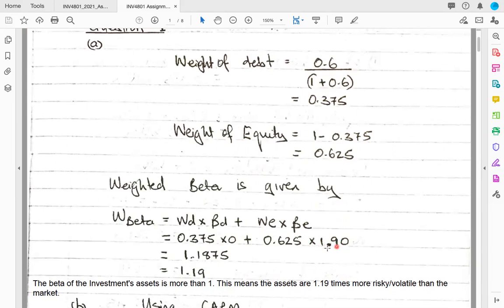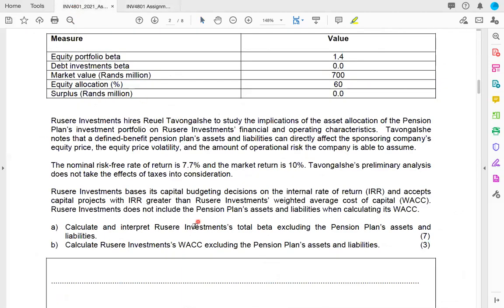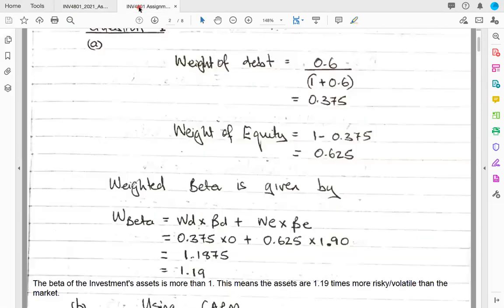Okay, if we just consider equity, it's 1.9, but if we calculate the weighted beta associated with the whole company, right? I think it would be better to say that this means that the company returns are 1.19 times more risky or volatile than the market.